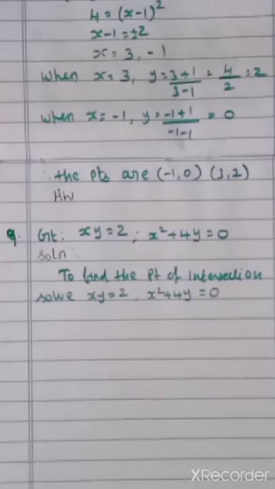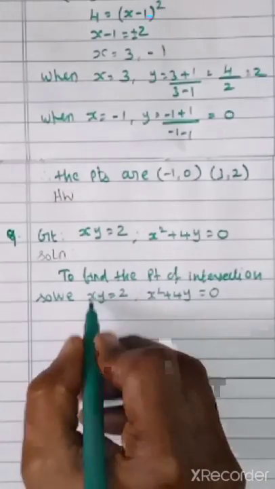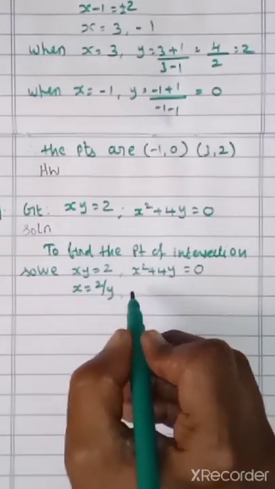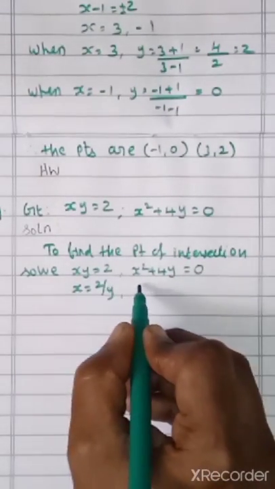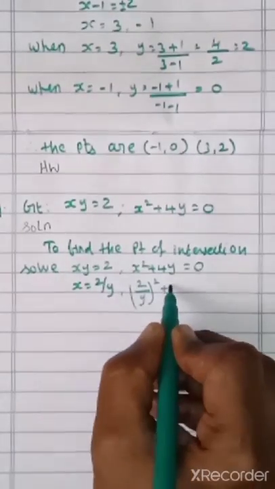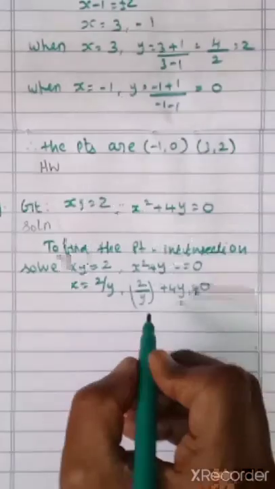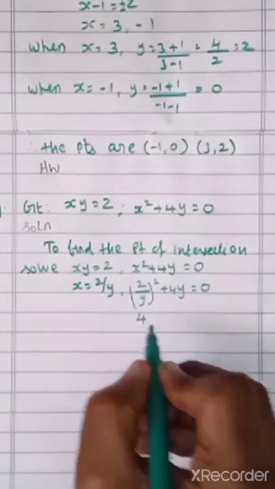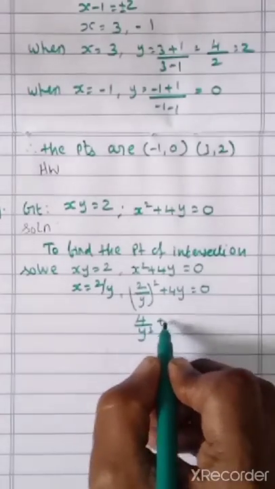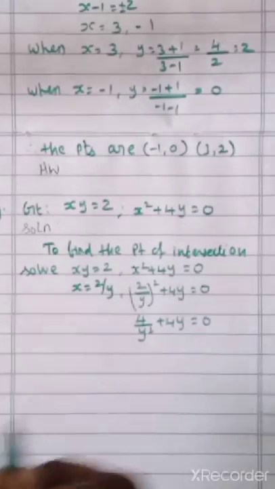So we can take x equal to 2 by y, correct? Now here we can substitute. So instead of x, what we are going to substitute? 2 by y. So 2 by y the whole square plus 4y equal to 0. That is 2 2s are 4 by y square plus 4y equal to 0.